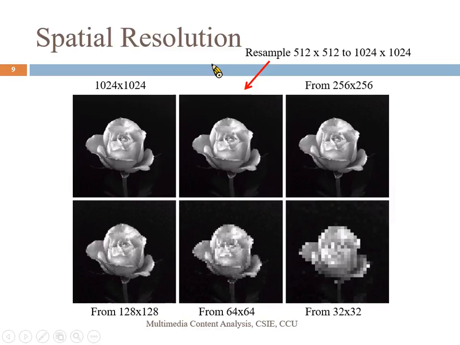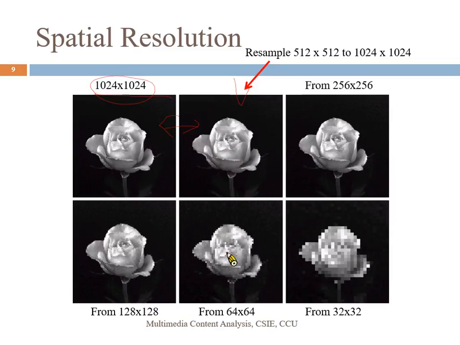So if we artificially enlarge a small image to a larger one, what kind of image can we obtain? Here we compare that. This image is resampled, or enlarged, from 512 by 512 to this size. We may see that the visual difference between these two images may be quite subtle.